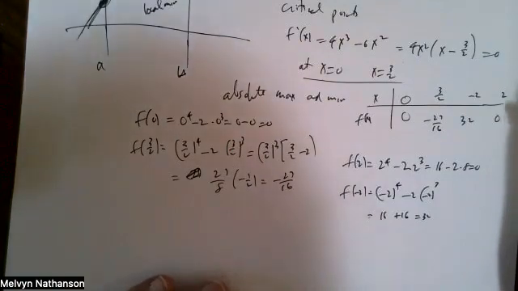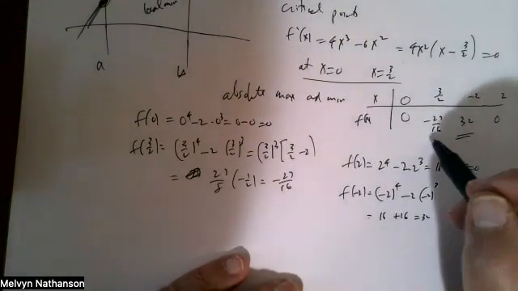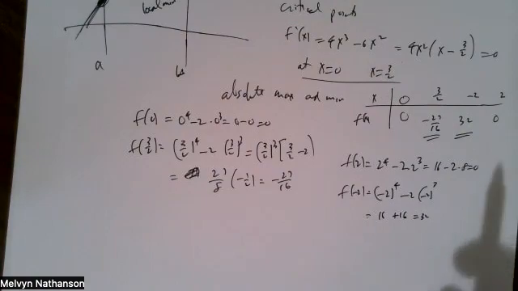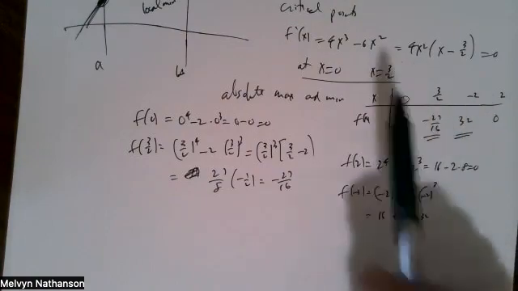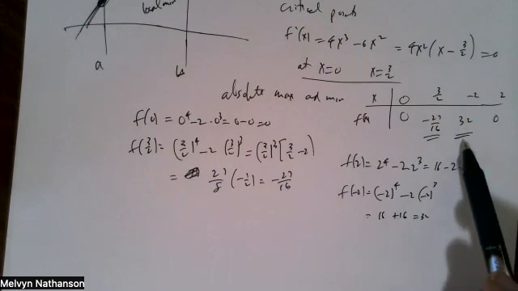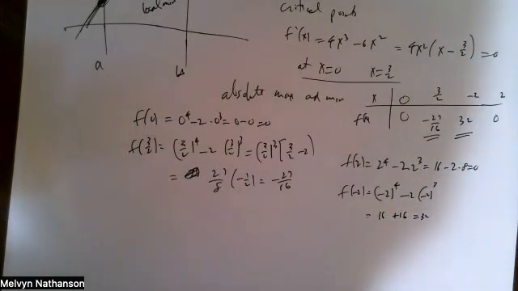So what's the largest value this function takes on? 32 in this interval. And the smallest value is minus 27 over 16. So in the interval from -2 to 2, the absolute maximum is 32 at x equals -2, and the absolute minimum is minus 27 over 16 at x equals 3/2.